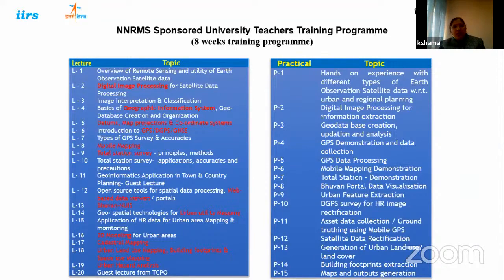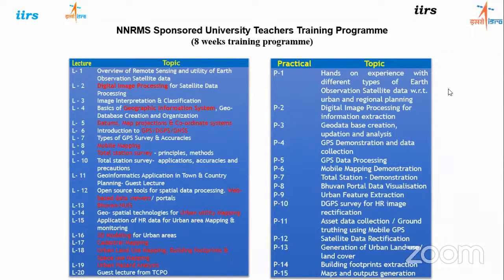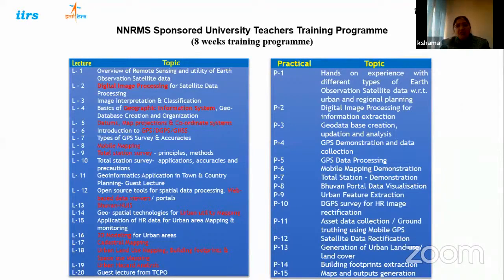Hopefully this year, with COVID being less, it will allow us to conduct these programs. A lot of college teachers attend this program every year.